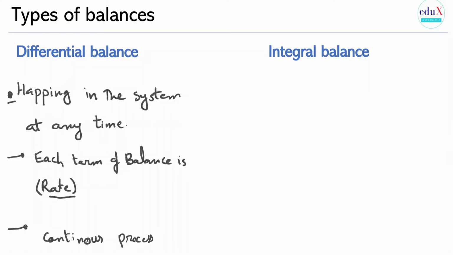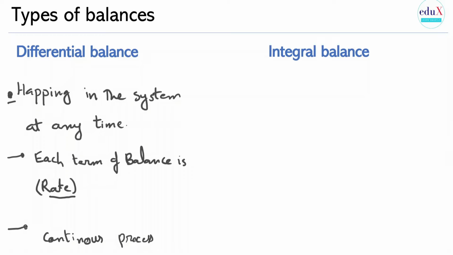More specifically, we can say, for example, hydrogen gas produced per second, oil produced in barrels per day. So when you are specifying the amount with respect to time, then it is called differential balance.